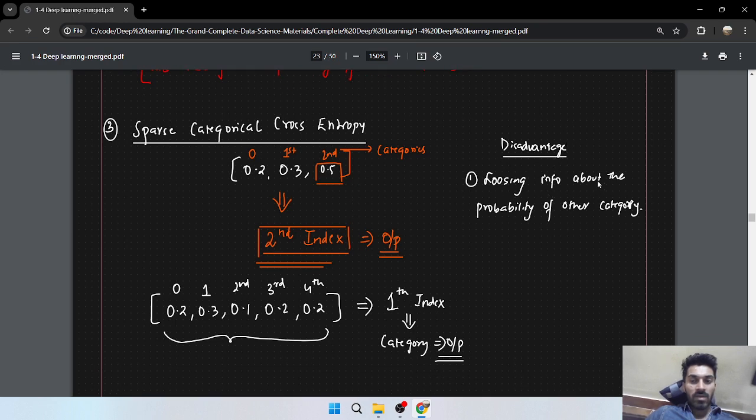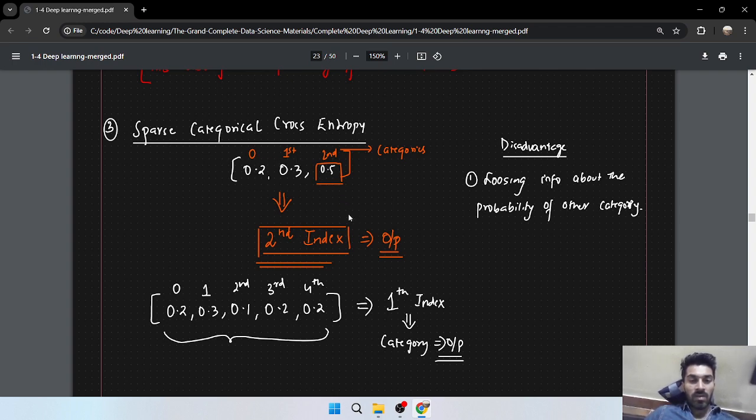Disadvantage: losing information about the probability of other categories. Second index output, basically. So zeroth, first, second, third, fourth, 0.2, first index category output. You see, we will take the highest output out of all these in sparse categorical cross entropy.